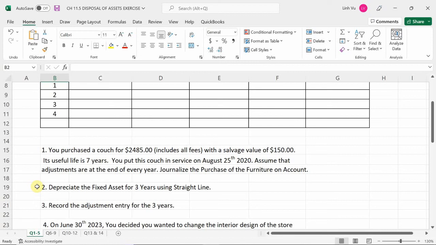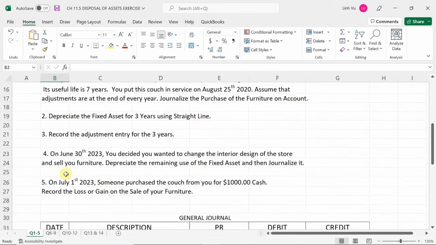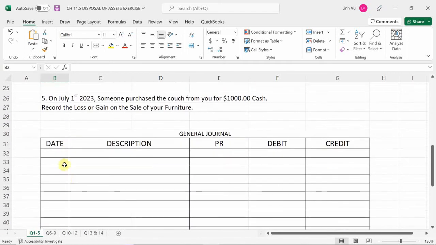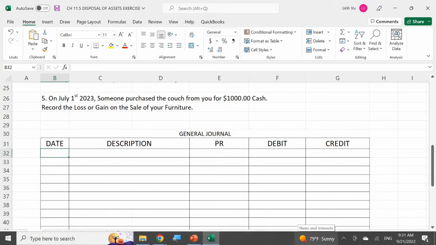Assume that the adjustment entries are going to be made at the end of every year. Journalize the purchase of the furniture on account. So first, let's go ahead and acquire the fixed asset. How do I journalize the purchase of my fixed asset?